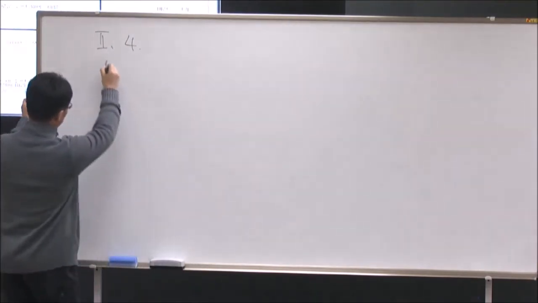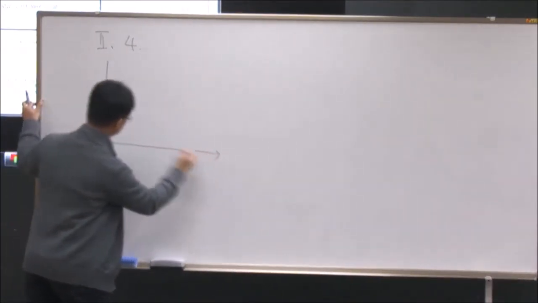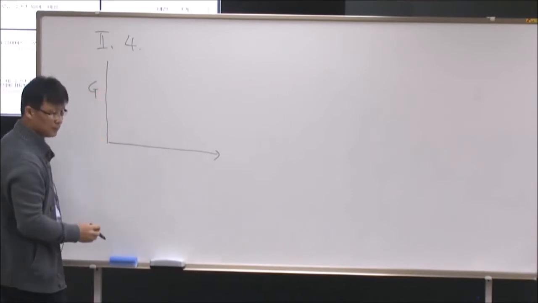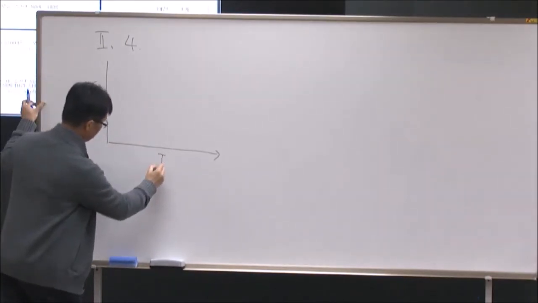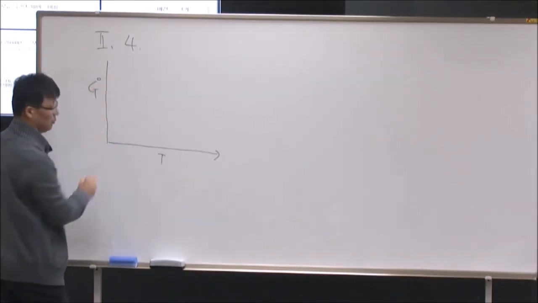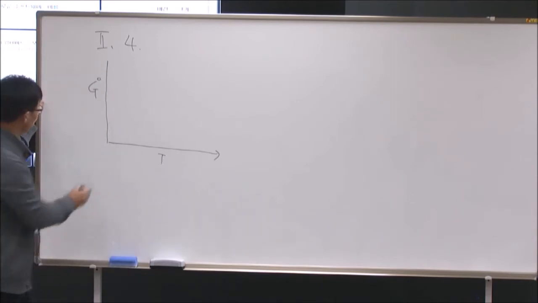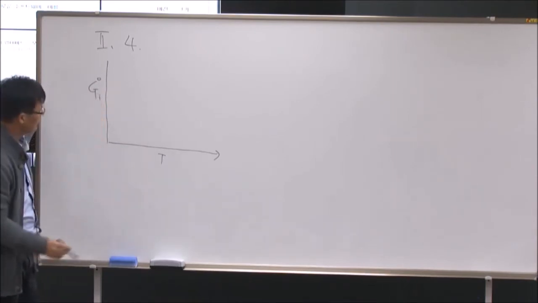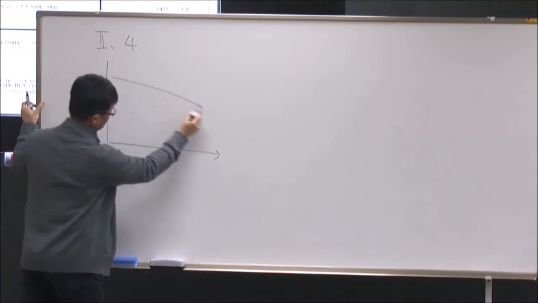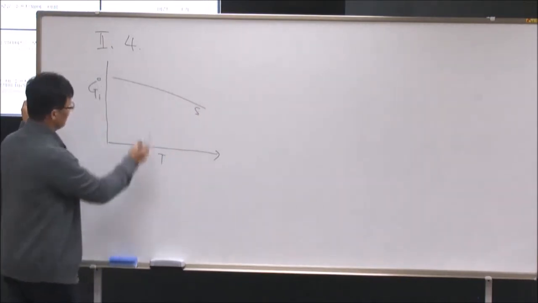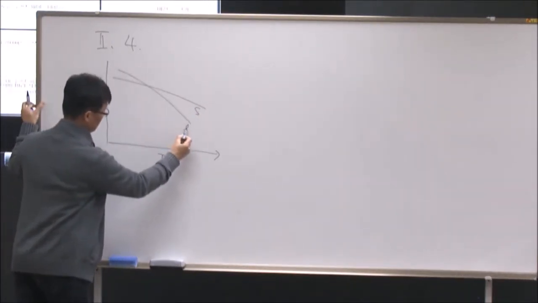So let's take the Gibbs energy function, and then this is temperature. So Gibbs energy of a certain material, I, for example. Let's take this is solid, and then let's take this is liquid phase.